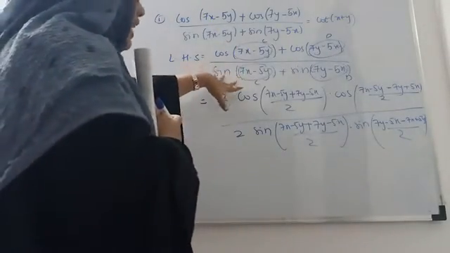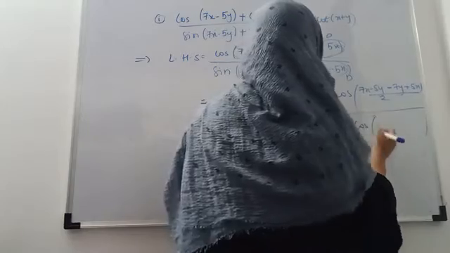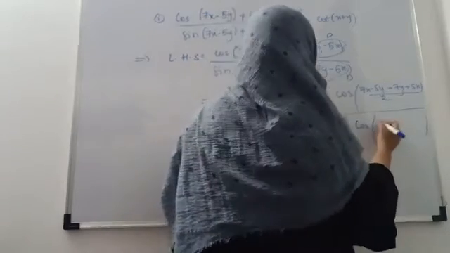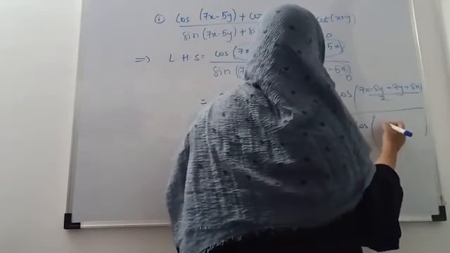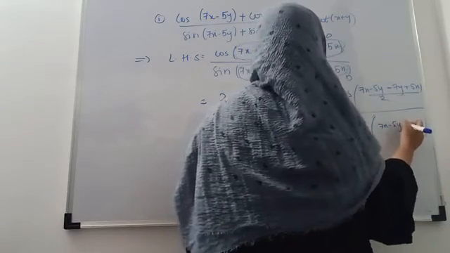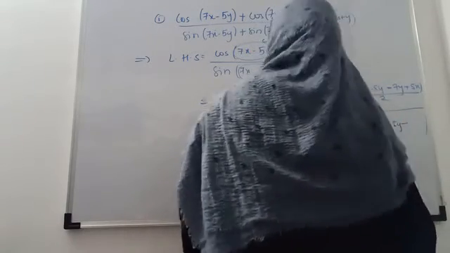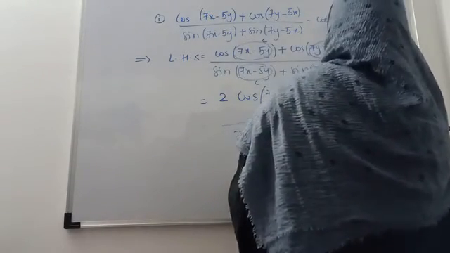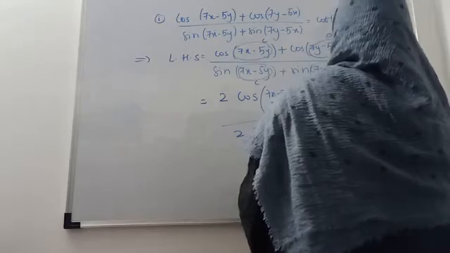Oh sorry, the formula for sin C + sin D is sin((C + D)/2) cos((C − D)/2). So it will be sine and in terms of cos.